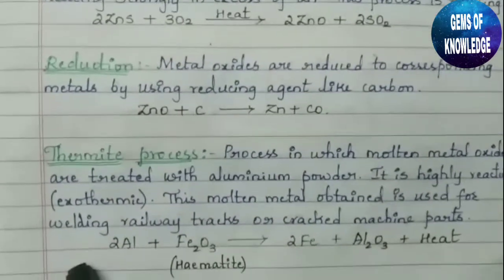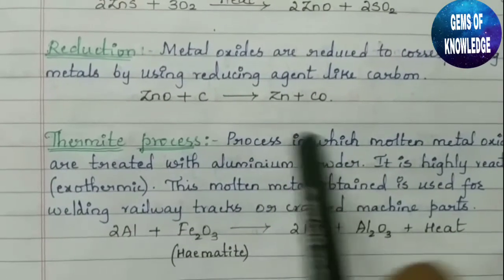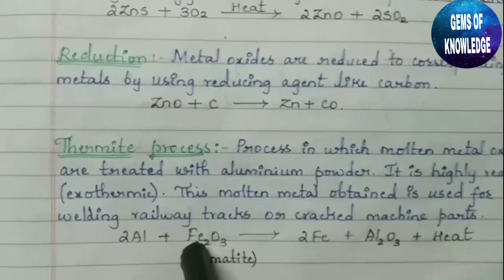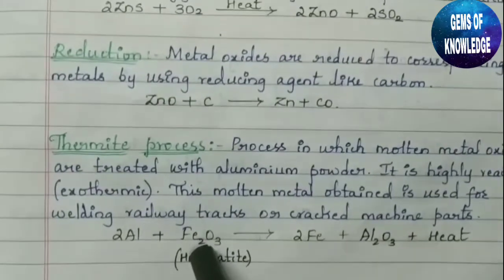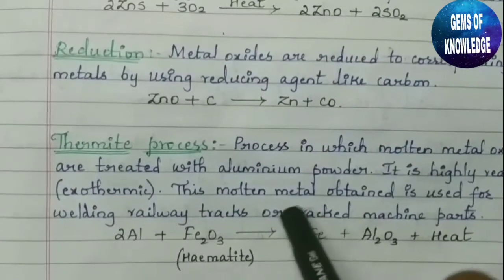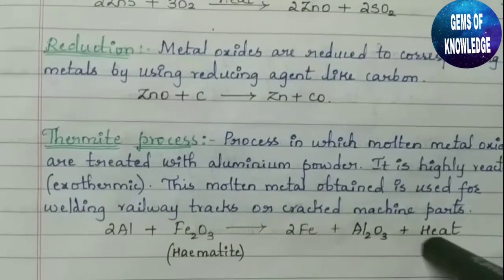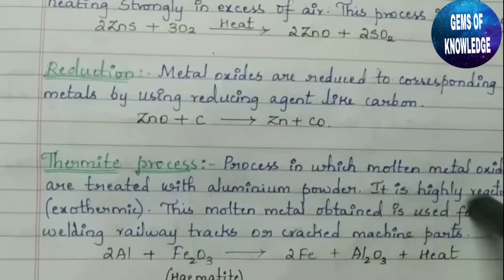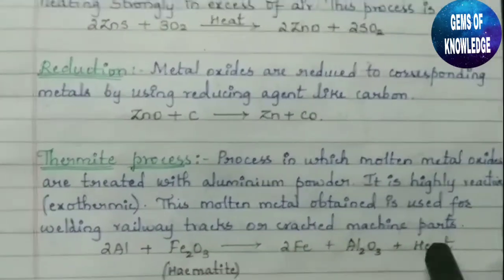Just an example they have given here: 2Al, that is aluminium powder, when used with Fe2O3, which is called hematite, we get 2Fe, iron, plus aluminium oxide, Al2O3, and a huge amount of heat will be produced, as this is a highly reactive and exothermic reaction.